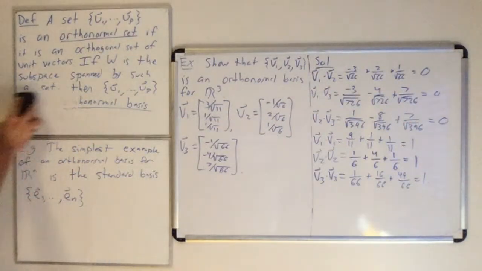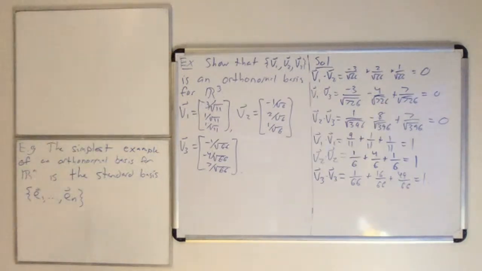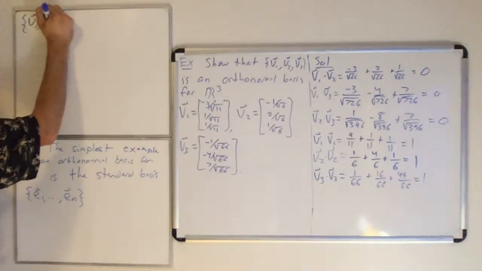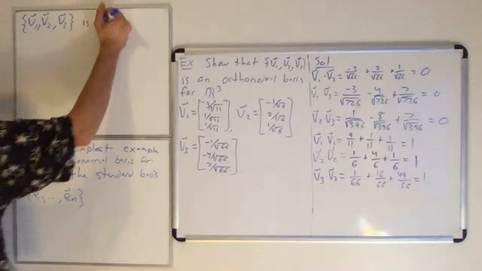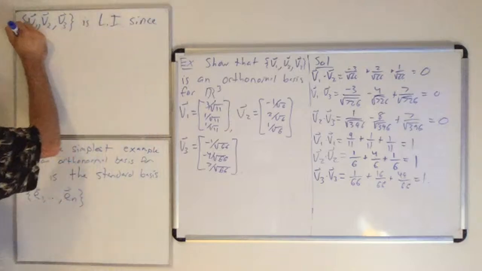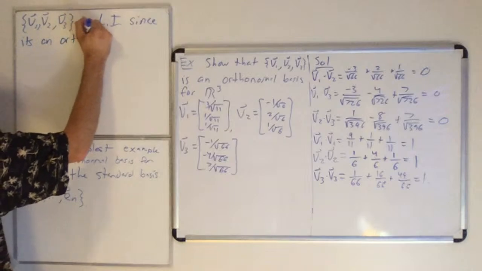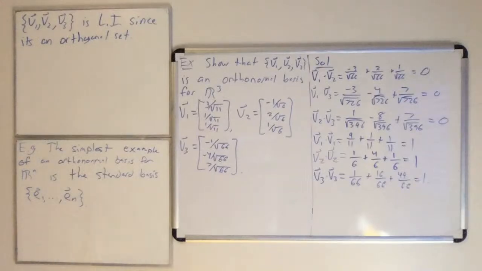Okay, so let's just kind of conclude. We've done all the work. Now let's just write down what we've done. So V1, V2, V3 is linearly independent since it's an orthogonal set, right?